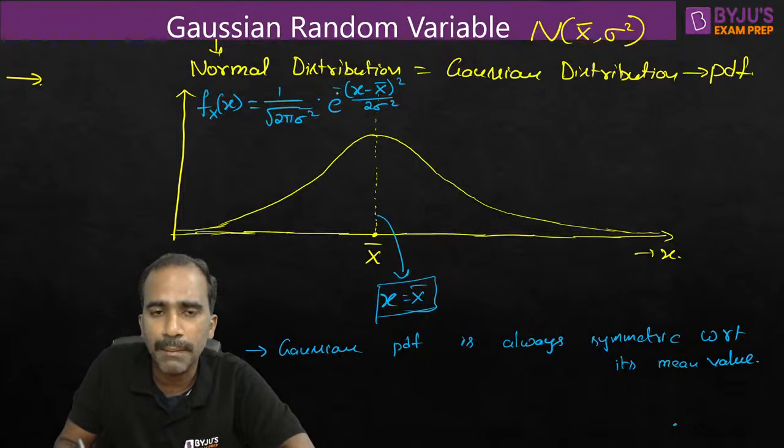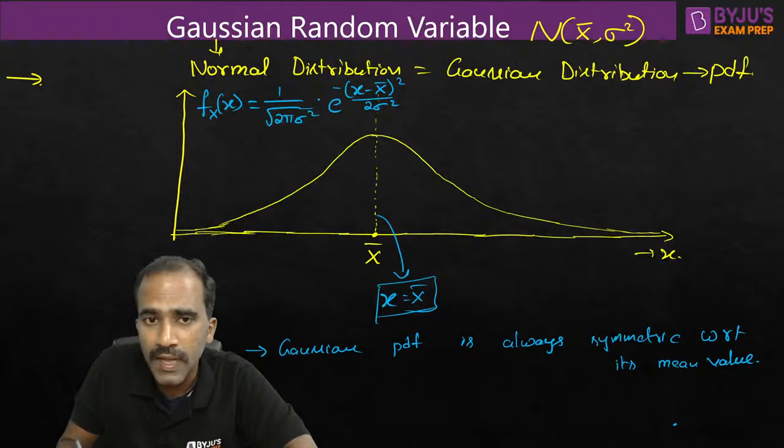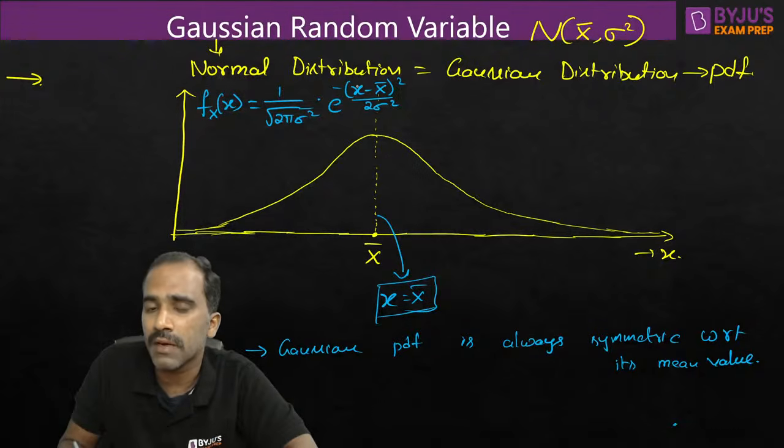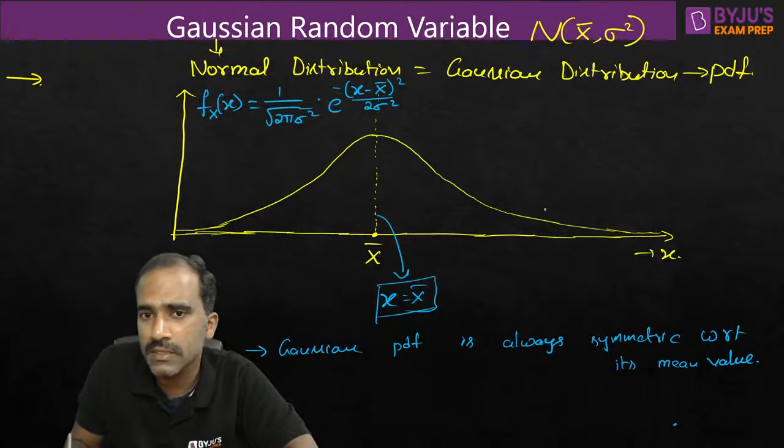See this one? In the power, there is a negative sign. Because of that, as x increases above x bar, this value increases, but there is a minus sign in the power. As the value in the power increases with the negative sign, it decreases.